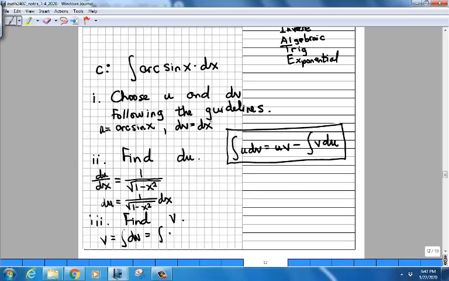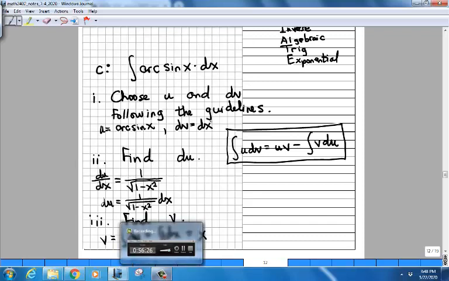Because dx is really 1 times dx, we're really just integrating 1 here, and that is just going to be plain old x. So v turns out to be really nice there. That's just going to be x.